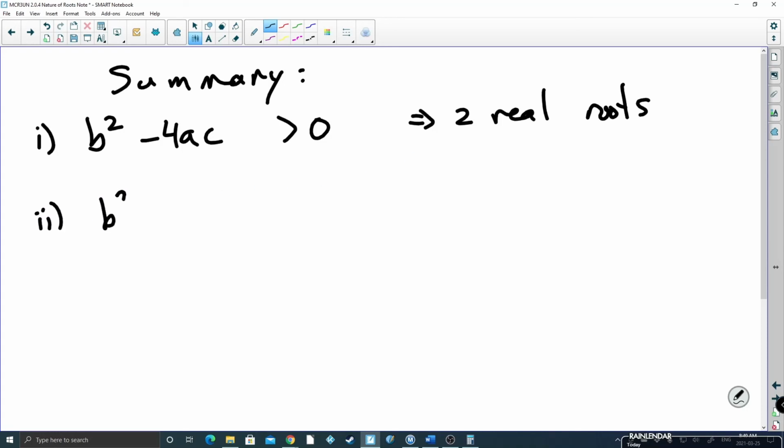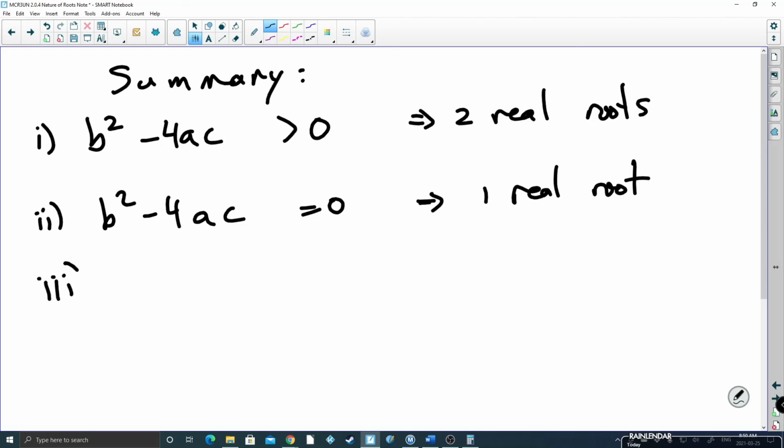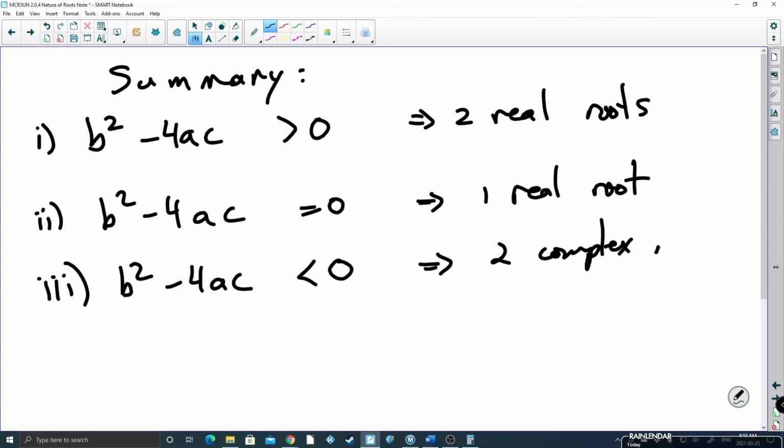If b squared minus 4ac equals 0, we get one real root. And if b squared minus 4ac is smaller than 0, we get two complex roots. And this is what's called the nature of roots.